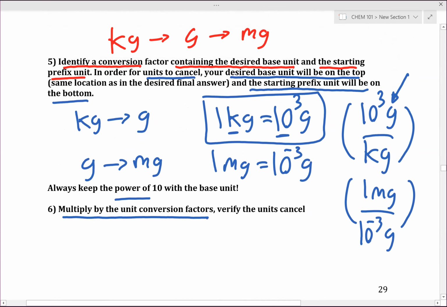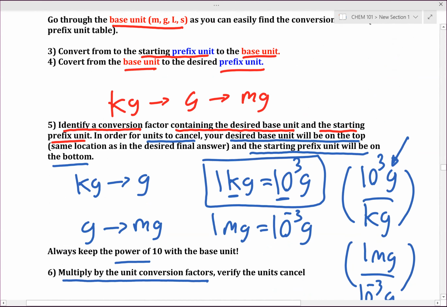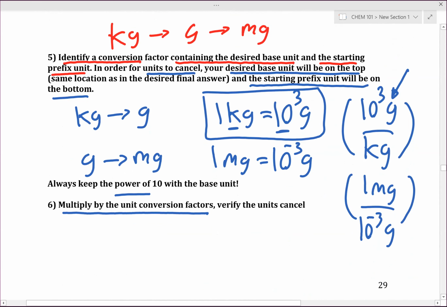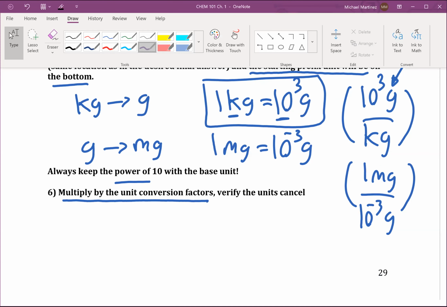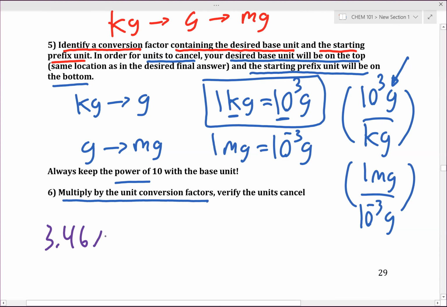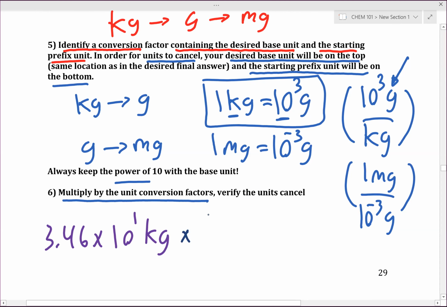So let's find our starting number. Okay, so we have 3.46 times 10 to the first. So let me write that in purple. Okay, and now all we have to do is multiply by our conversion factors. Okay, so we know that there are 10 to the third gram per 1 kilogram.